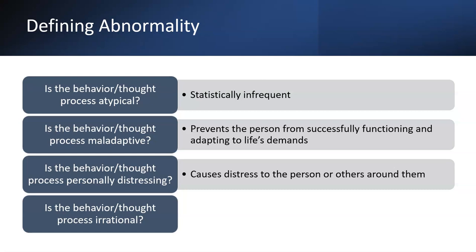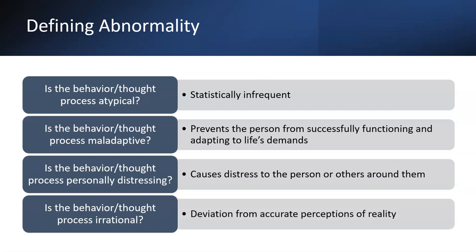And finally, you could talk about normality and abnormality in terms of the rationality of what you're seeing in another person's actions, thoughts, and feelings. Rationality refers to how people are perceiving reality.